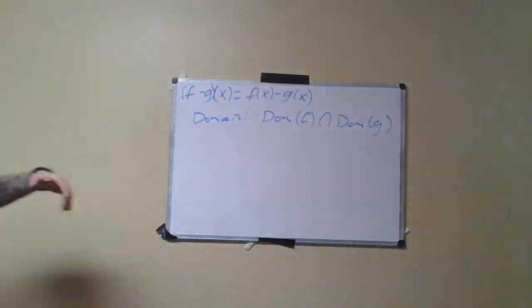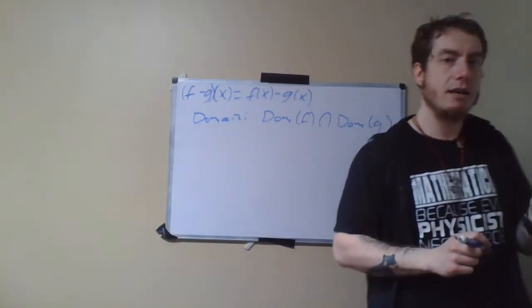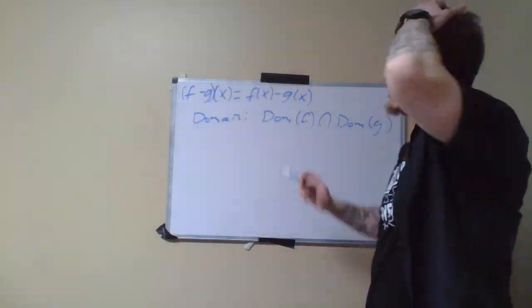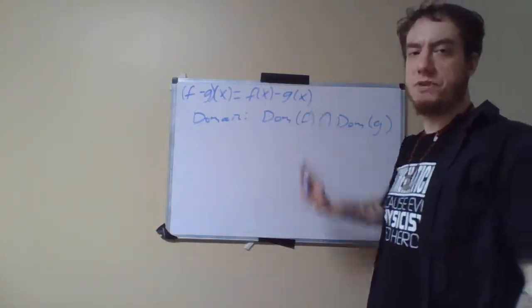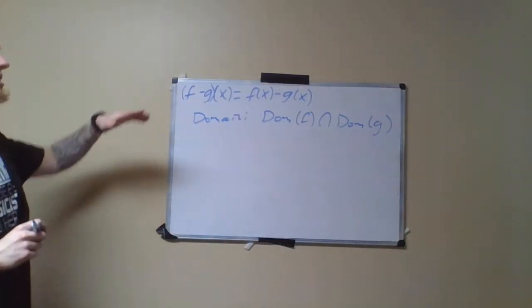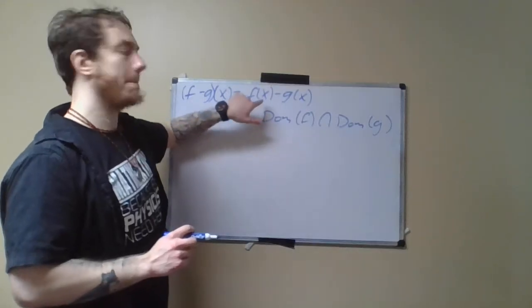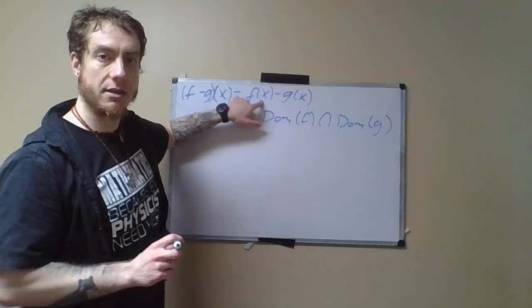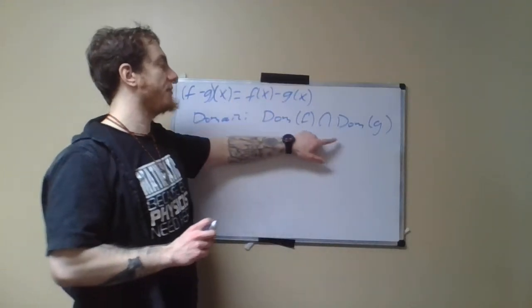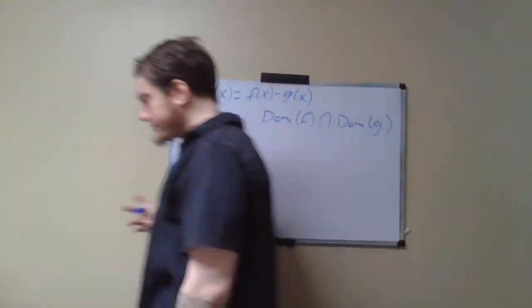So even though we come up with a new expression that maybe makes it easy to do this, strictly speaking, you have to be able to do each of these two procedures separately in order for this to be defined. And therefore, you have to have your value for x sitting in the domain of f and in the domain of g, otherwise this doesn't work.